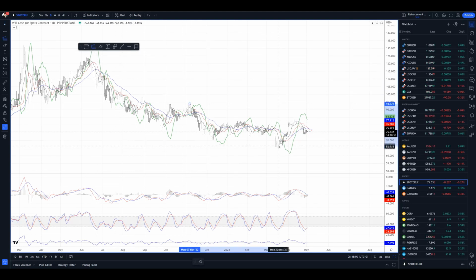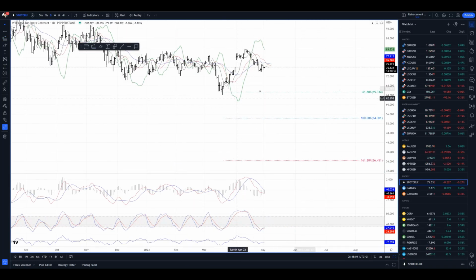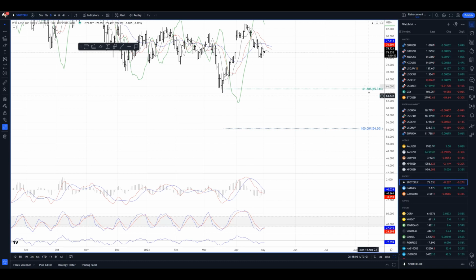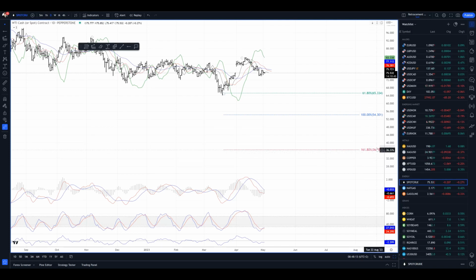So you can take this and this and this, and we can see that potential for the further downside movement is there. So to retest the 65.35 and then even 54.30 area, and basically the extreme reading is 36.45. There is still plenty of potential for the further downside development on this market.